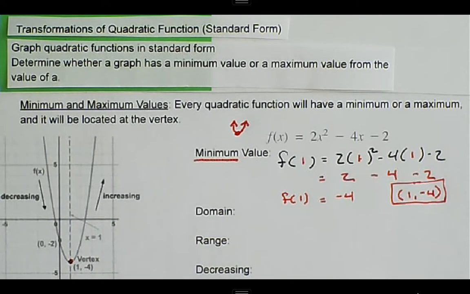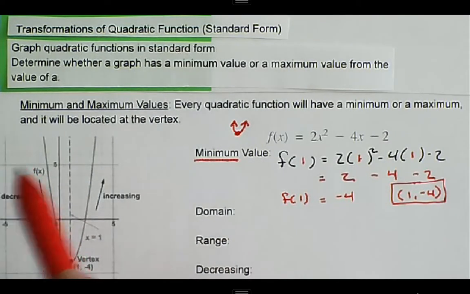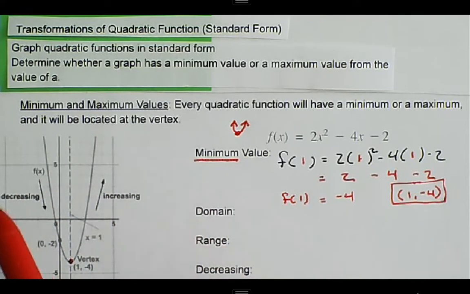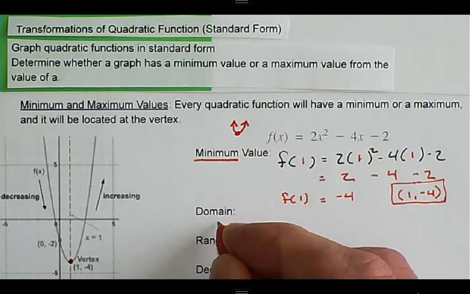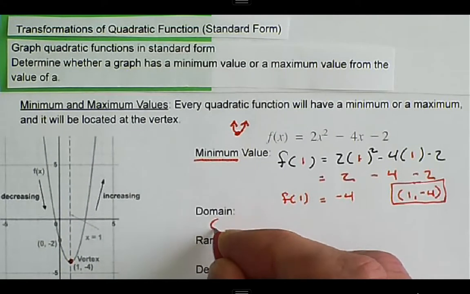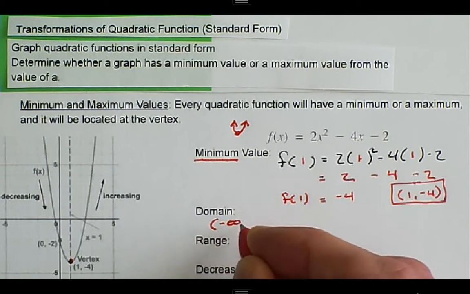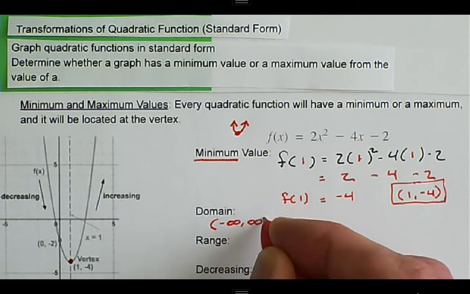The domain for this function is all real numbers. There's no limit on what our value can be for the x. So the domain, we can say, is going to go from negative infinity to positive infinity.